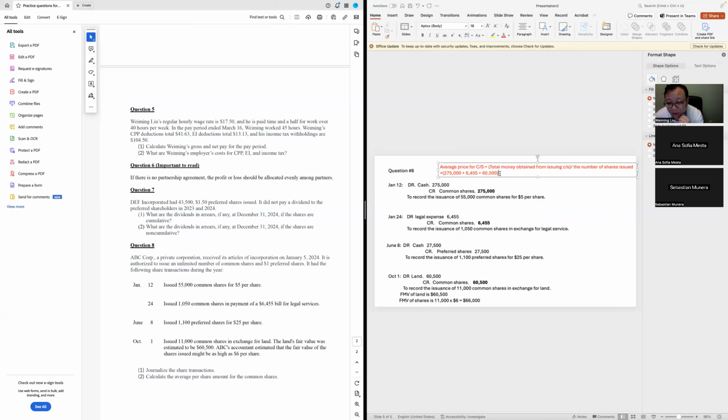And now, what is the number of common shares issued? How many were issued on January 12th? January 12th, 55,000. And January 24th, 1,050, and 11,000.